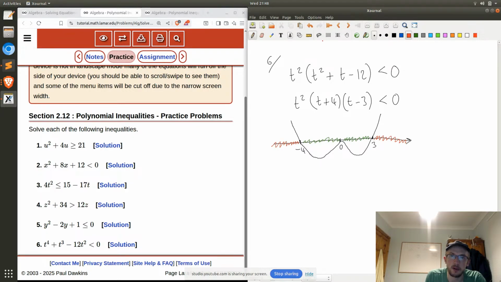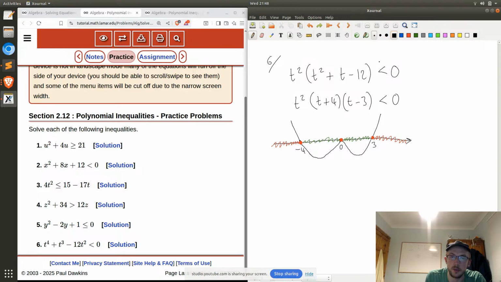Notice this is very, very important. 0 itself is excluded, and 3 itself is excluded, and -4 itself is excluded. That's very important, because it's so tempting to just say, oh, I know, it's all of this. No, it's not. That right there is excluded. So now to do interval notation.